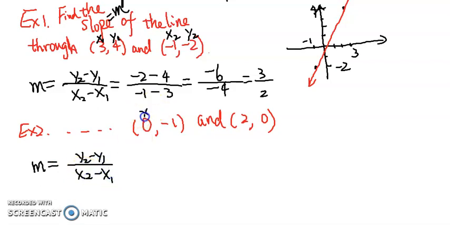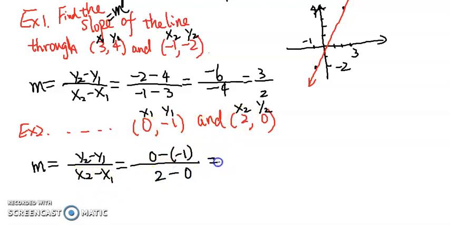So we mark these as x1, y1, x2, y2, and plug the numbers into the formula. y2 is 0 minus y1 is -1. Again, this first minus comes from the formula, and the second minus comes from the negative number. x2 is 2 minus x1, 0. We simplify this. We do keep, change, change. We got the answer 1 on the top, 2 on the bottom.